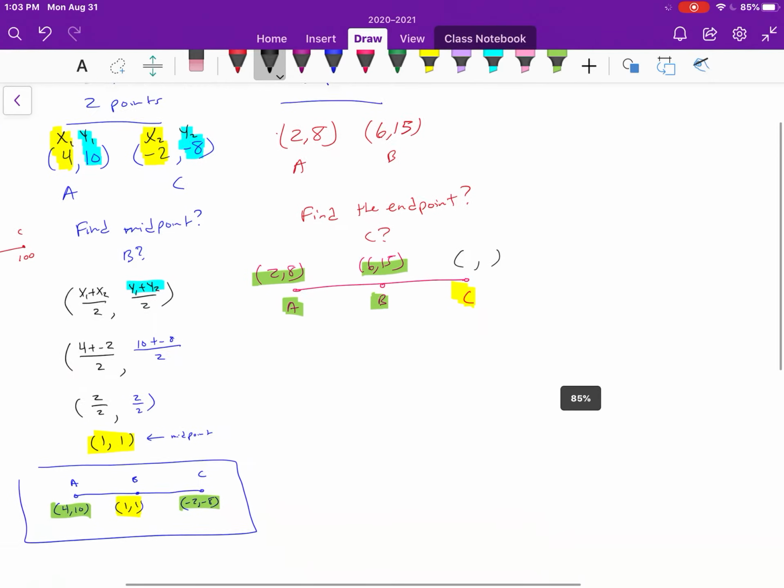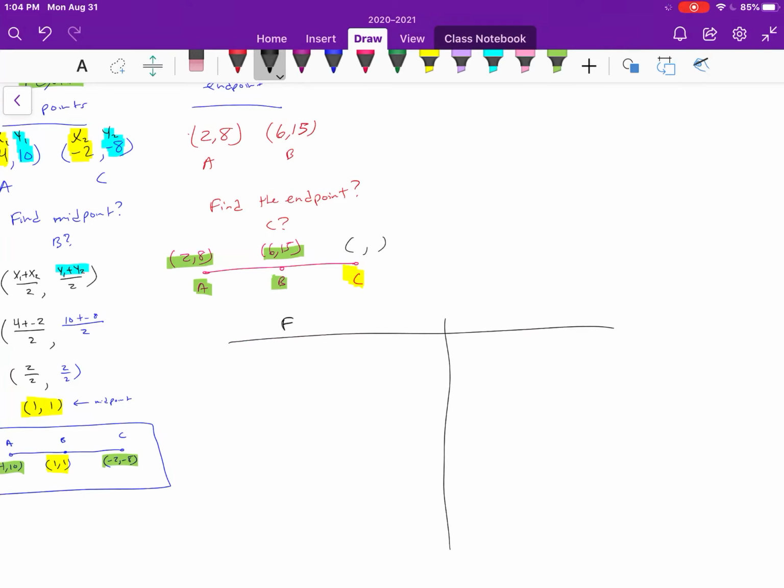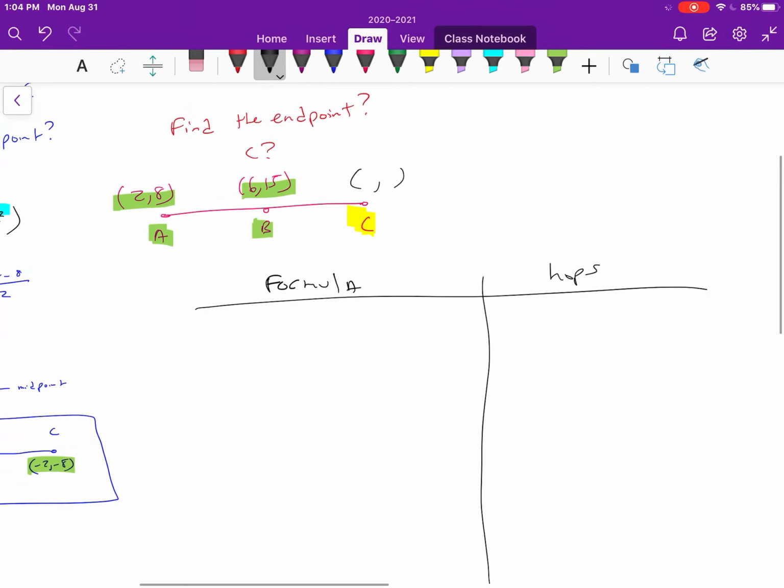Now there's two ways you can solve it. There's the formula way, and then you have what I'll call the hops. Okay. So the formula way, you have x1 plus x2 divided by 2, and then y1 plus y2 divided by 2.